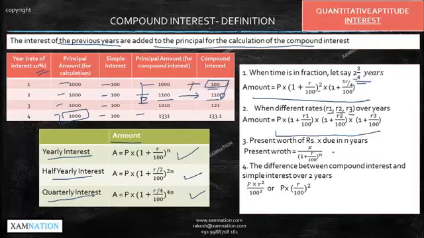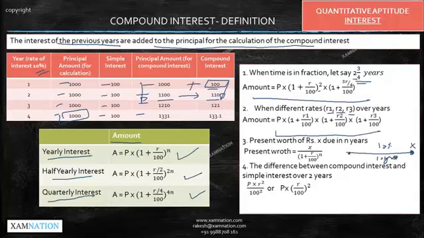And sometimes we are asked to calculate the present value or present worth. So this is the worth for the given amount of money. It is said that the interest rate charged on this money is 10%, and it is for 10 years.